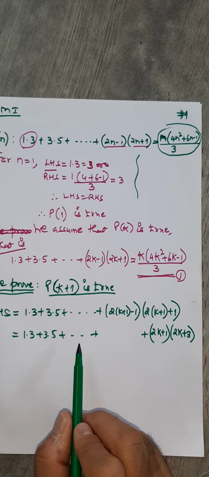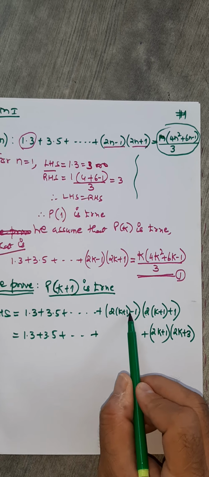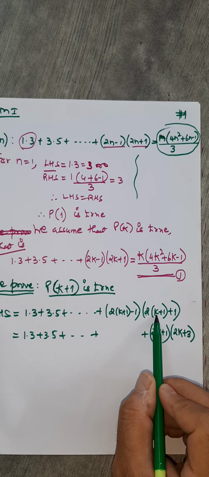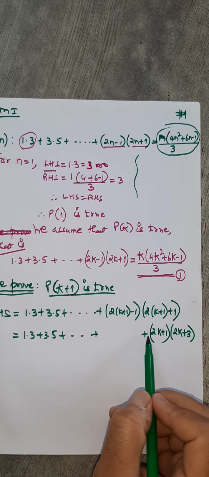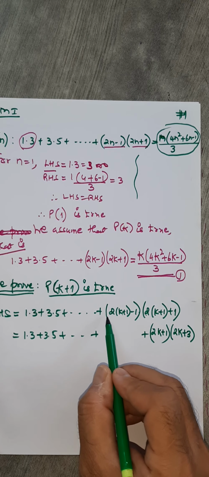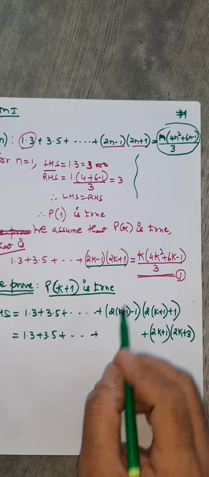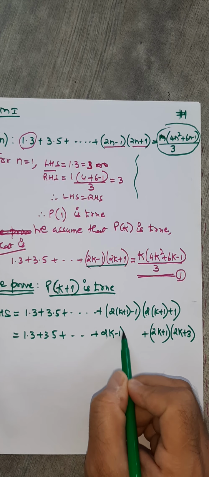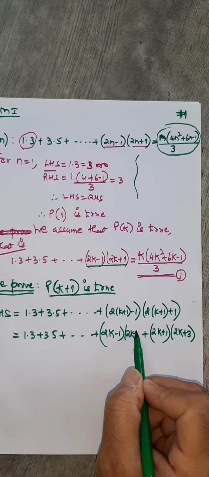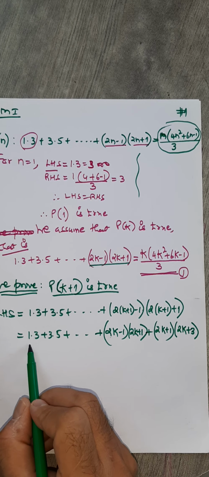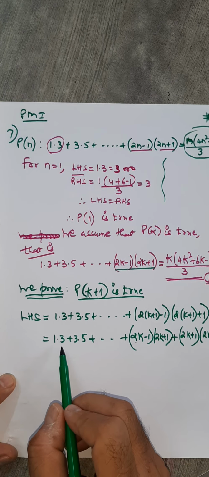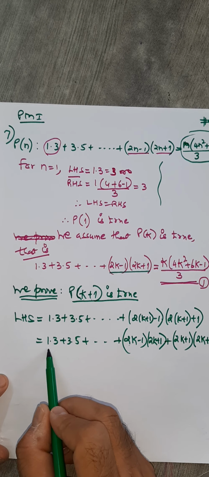Just simplified: 2k plus 2 minus 1 is 2k plus 1, 2k plus 2 plus 1. Now the previous term. This is the k plus 1th term. The previous term means always this: 2k minus 1 into 2k plus 1, that you know.